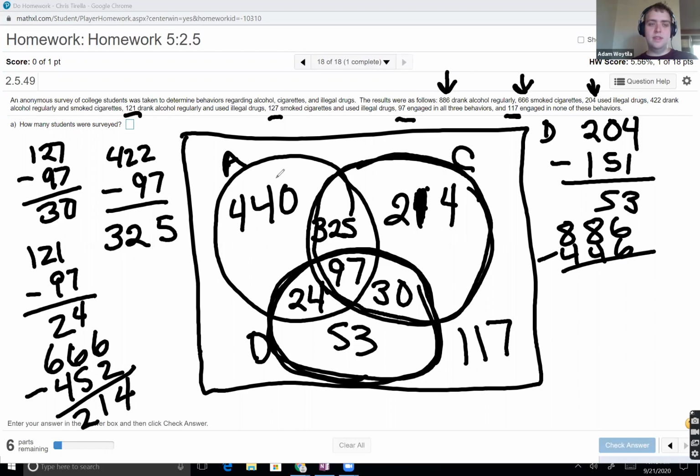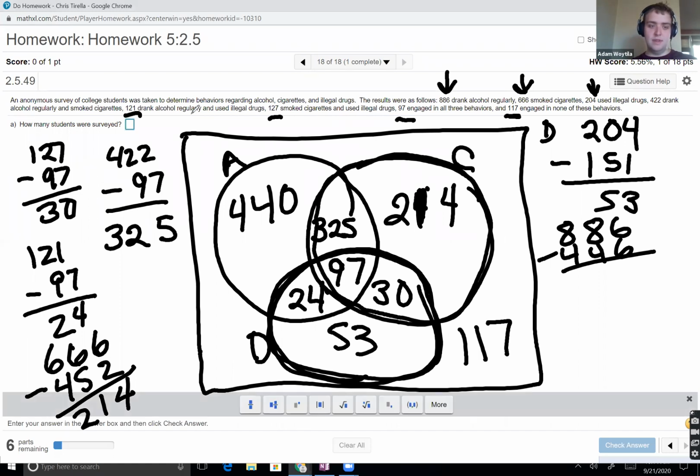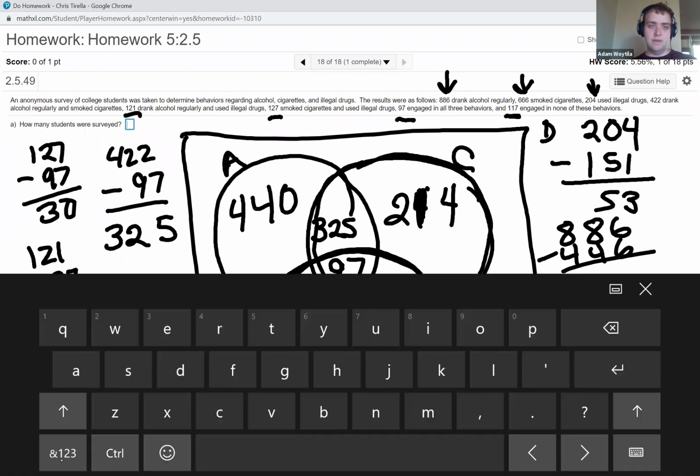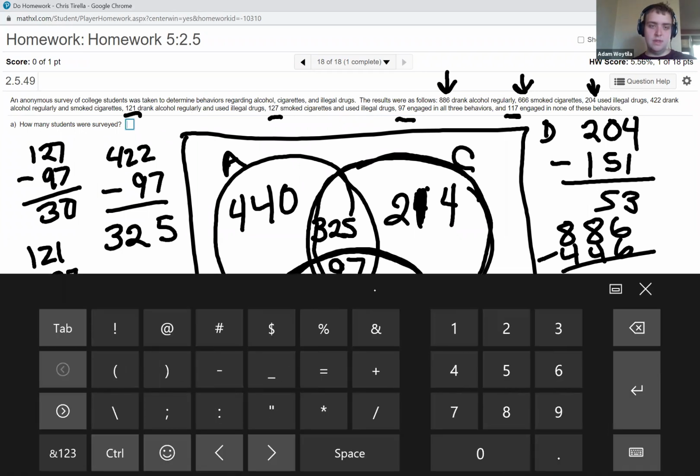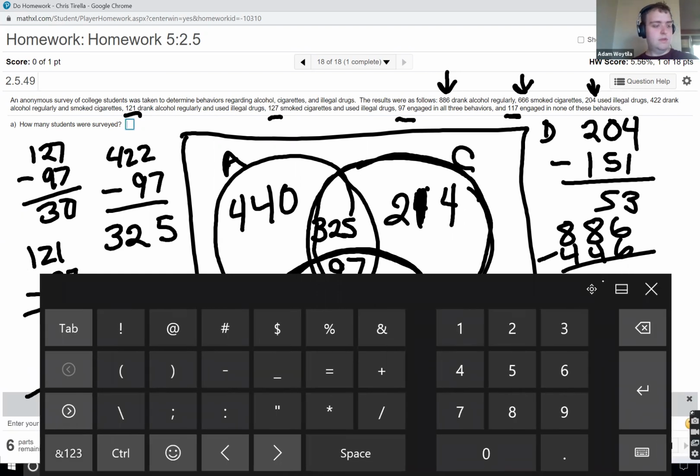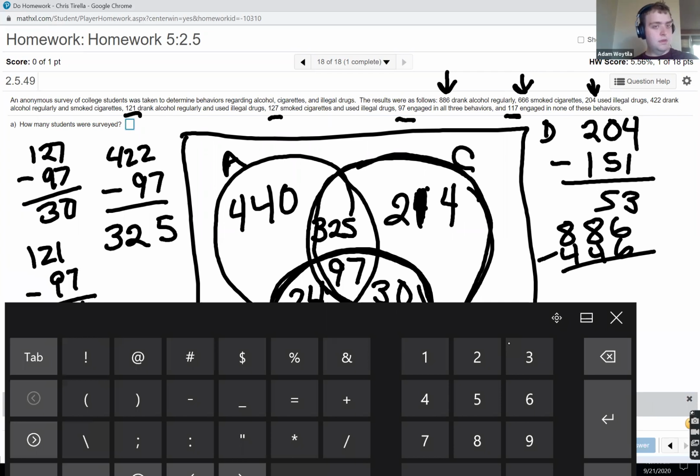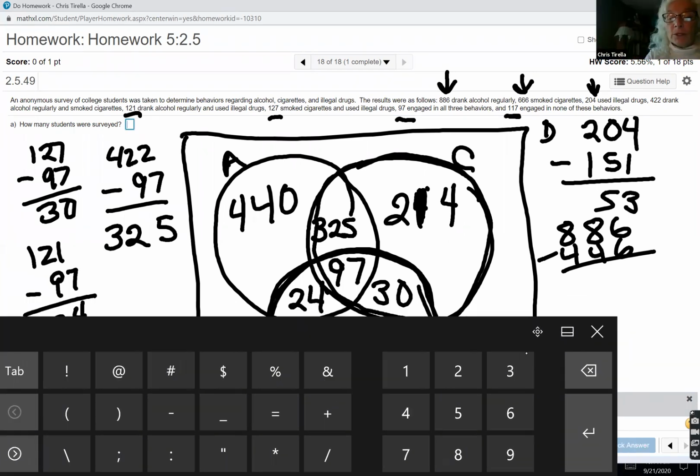Okay, and so now how many students were surveyed? The number surveyed is the sum of all of the numbers in the box, so just add them all together.